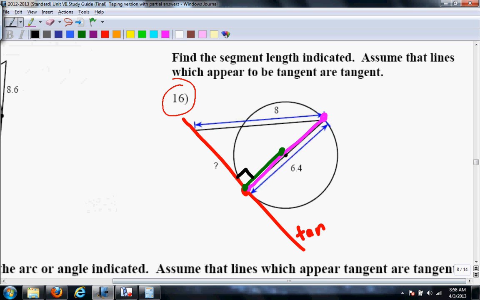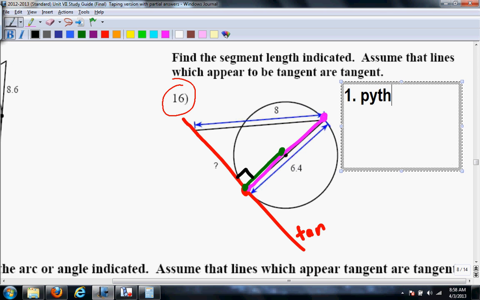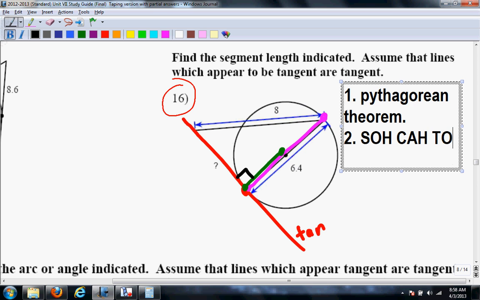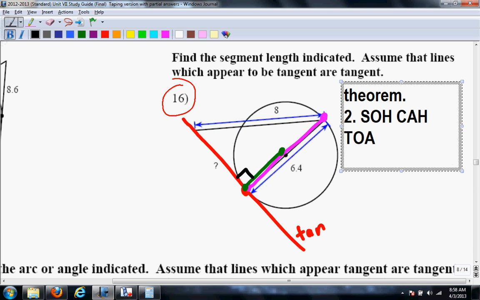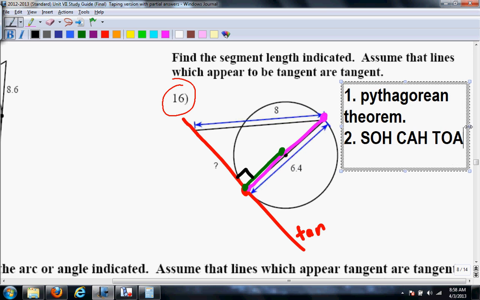Where you have right angles, you should use right triangle stuff. Of course, the main two things you can use with right triangles would be these. One would be the Pythagorean theorem, and two would be SOHCAHTOA. Those are the two things you should be watching out for with right triangles.